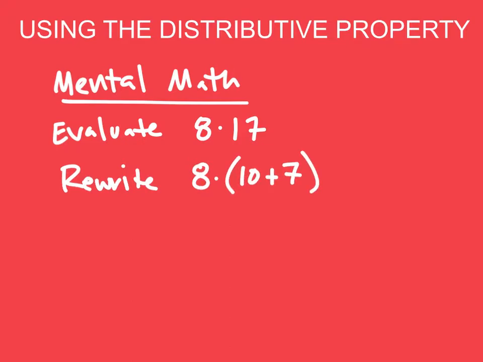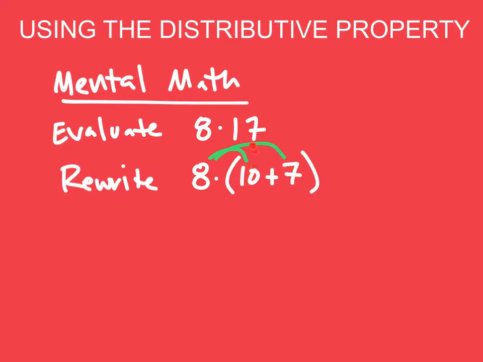Now, what the distributive property states is that when I have a number, multiplying it by a quantity, I can multiply that number by each of the individual numbers inside and then add them together later. All right, so what I did was I rewrote 17 as the sum of 10 and 7.